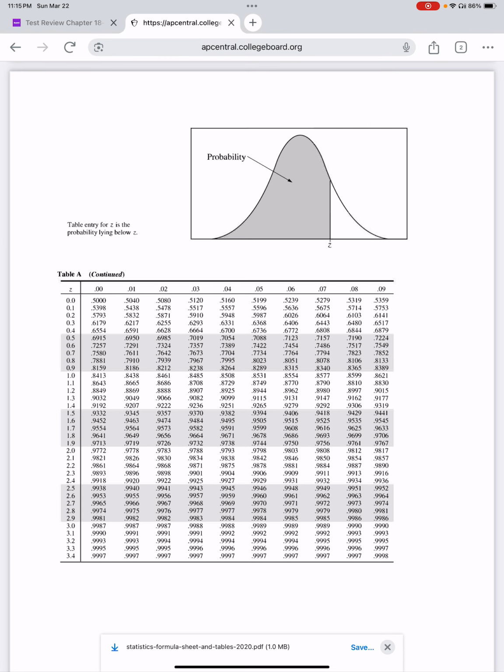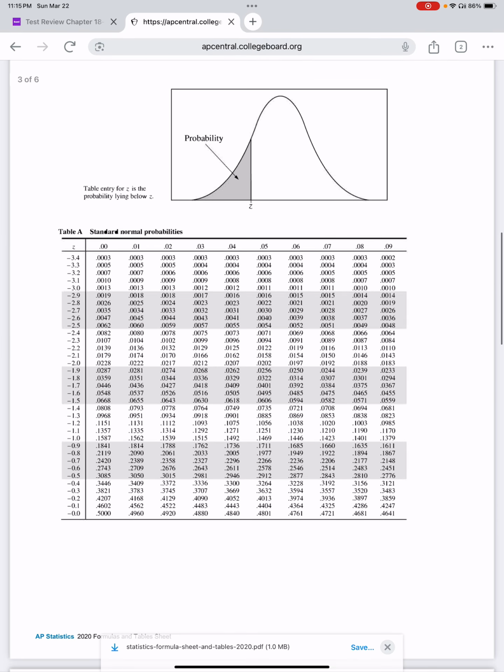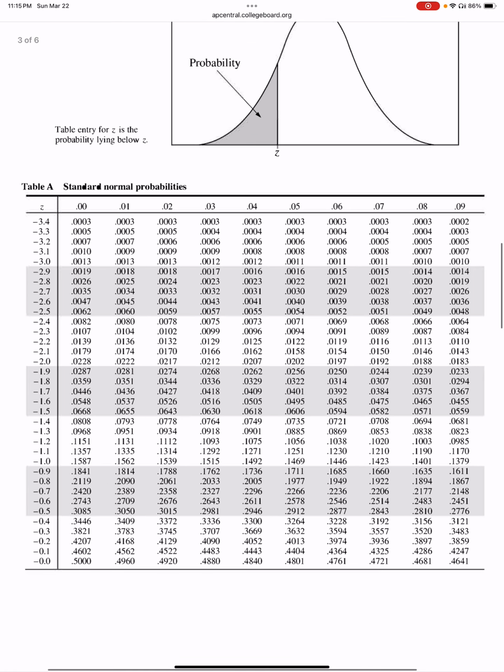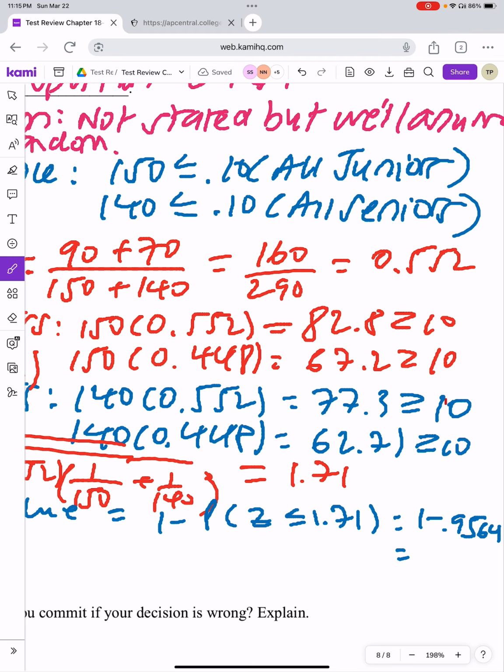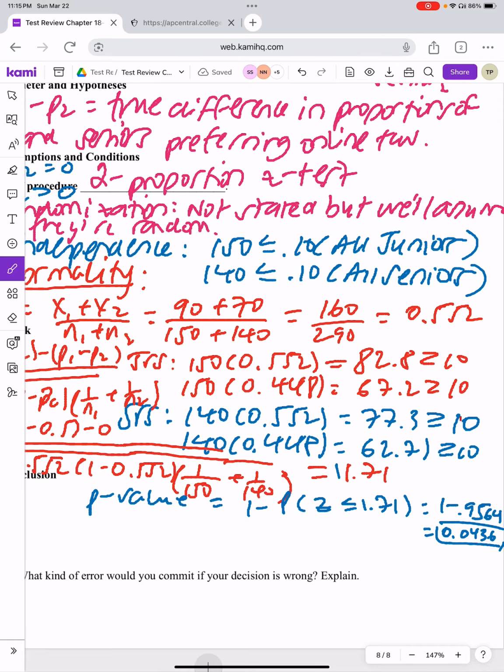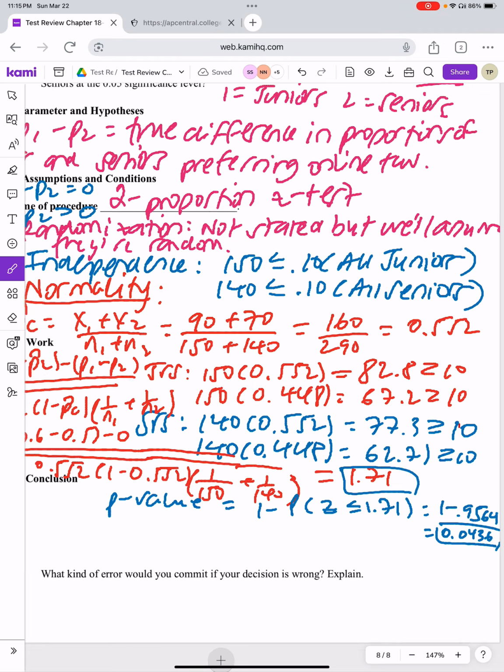Now, pro tip, if you look at the negative version, the negative z-score 1.71, it's 0.0436. That is our p-value. So our z-score is 1.71. Our p-value is 0.0436.